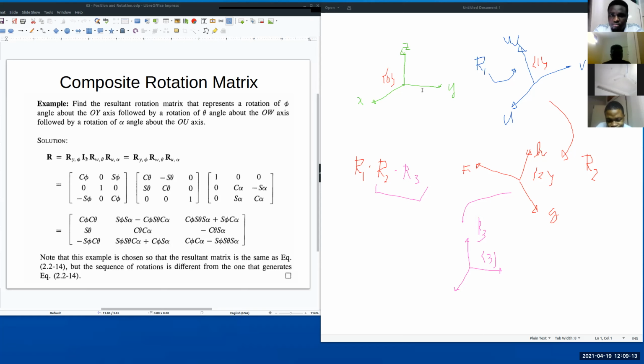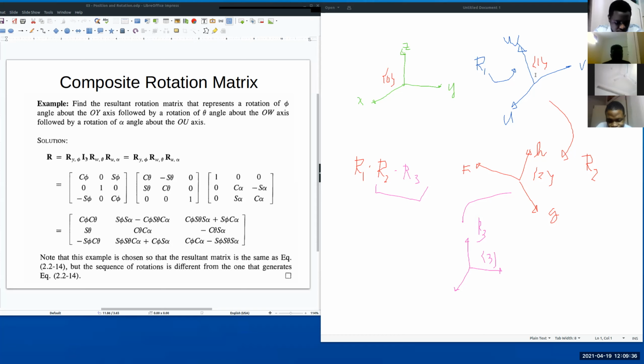In this case, this is the reference frame. We call this the stationary frame, and this is a moving frame. If this one happened later, we say that we rotate from frame 0 to frame 1 by R1, and this is given.